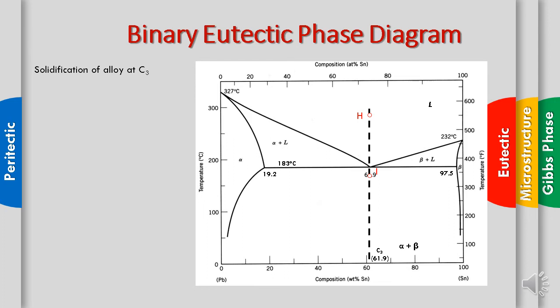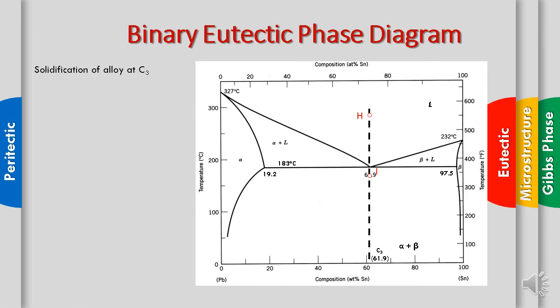So let's look at the different compositions, where we have the line of composition of 61.9. At this line, we will see the eutectic at different feed compositions at different temperatures.